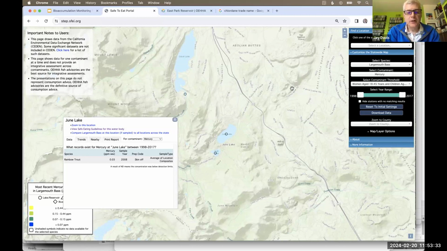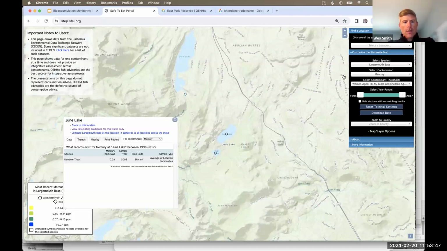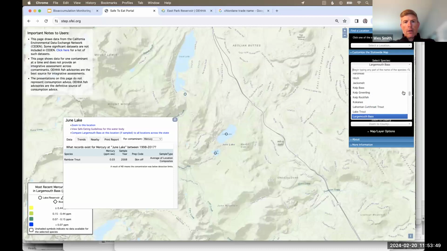That's a different situation than for rainbow trout. In general, we have seen some high mercury levels in brown trout. I think I suggested East Walker for the same reason.